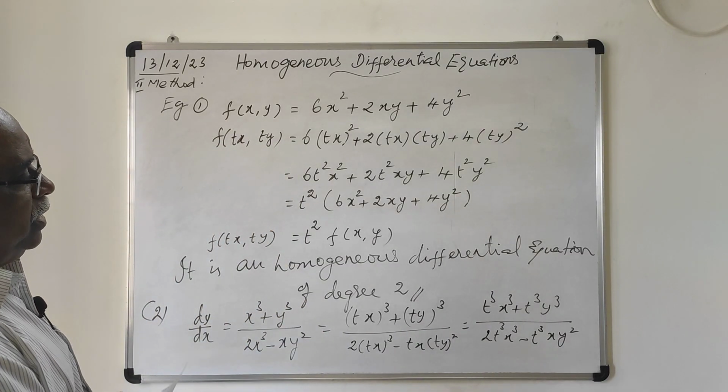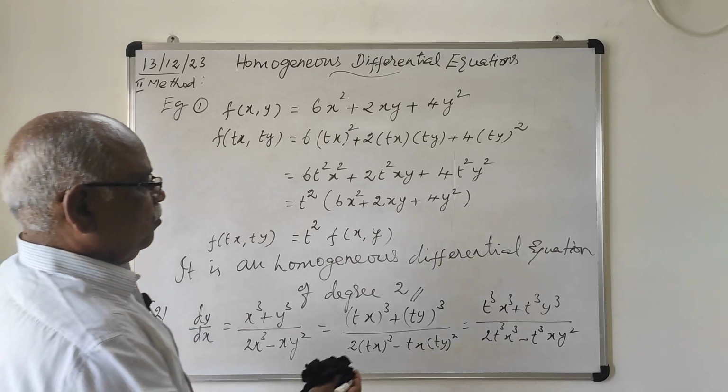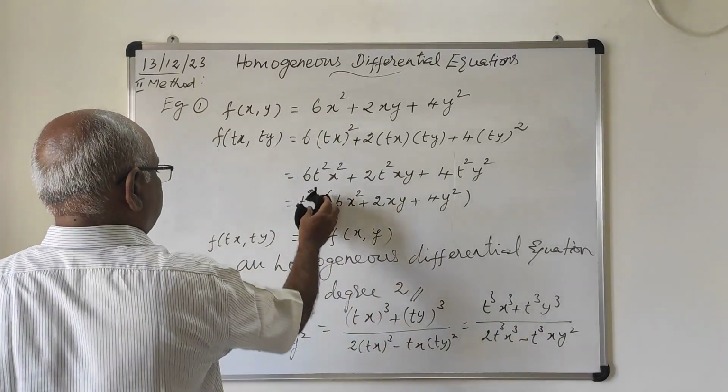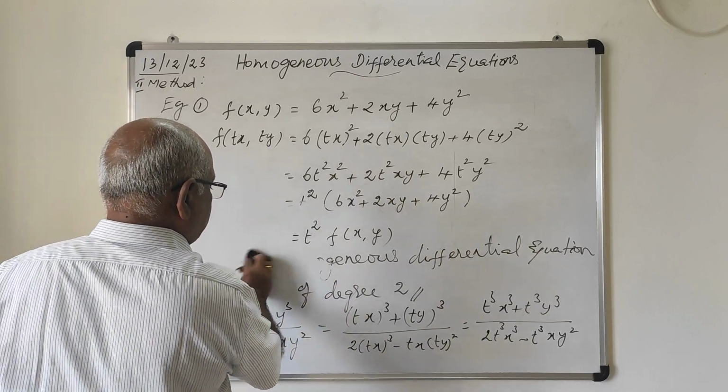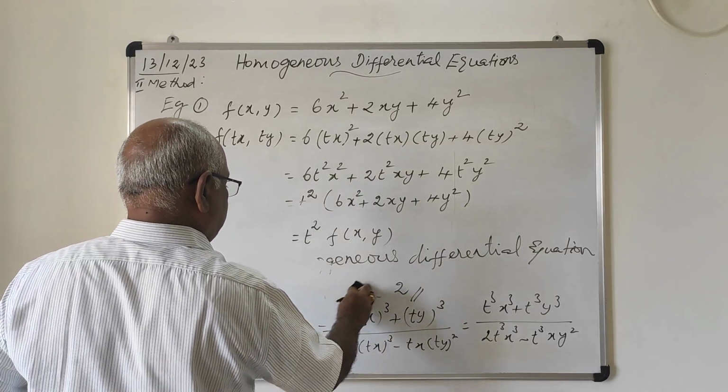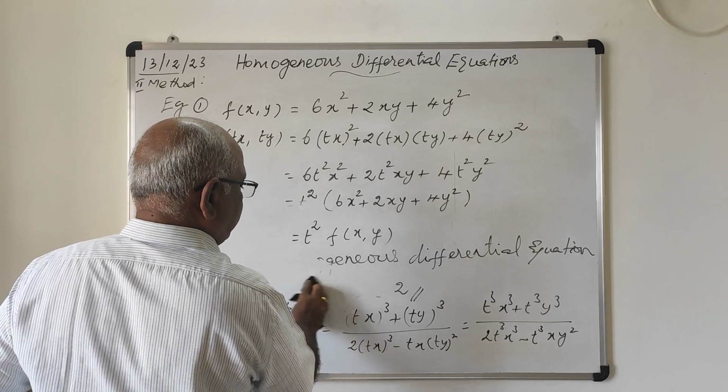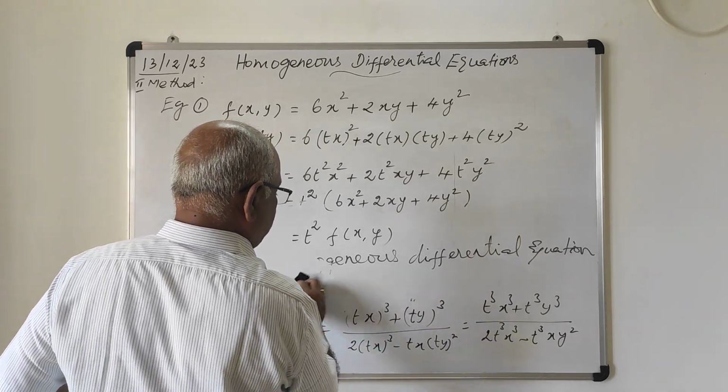See, in the numerator you can take t cube common, in the denominator also you can find t cube as a common term. So in this example, you take t cube both in the numerator and denominator as a common term.